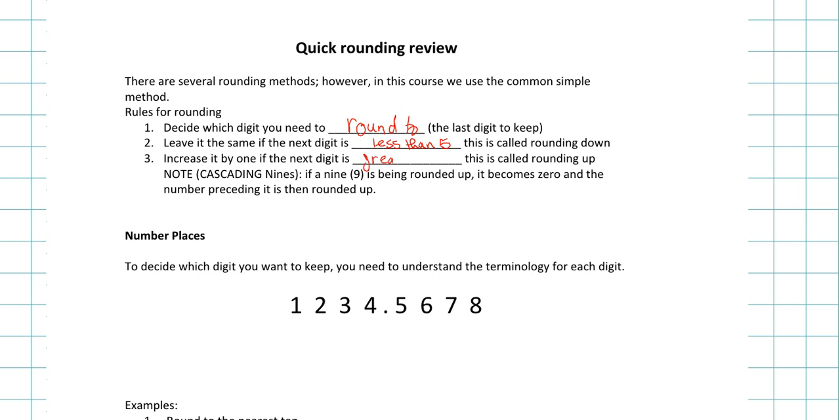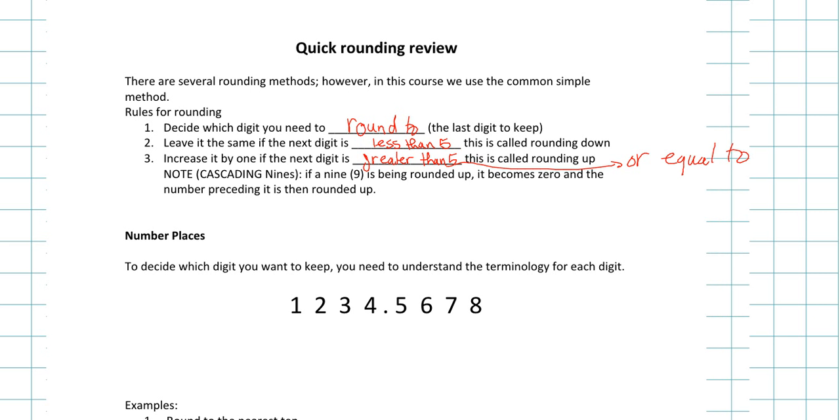If you know any other method, don't worry about them, because in this course, we're just going to do this simple method, which is if your next digit is greater than or equal to 5, then you're going to round up, and if it's less than 5, you're going to keep it the same. Okay?